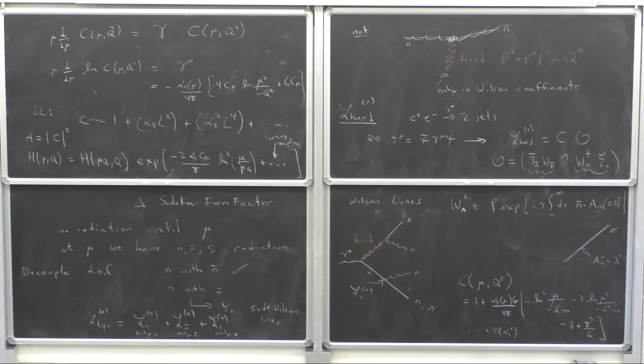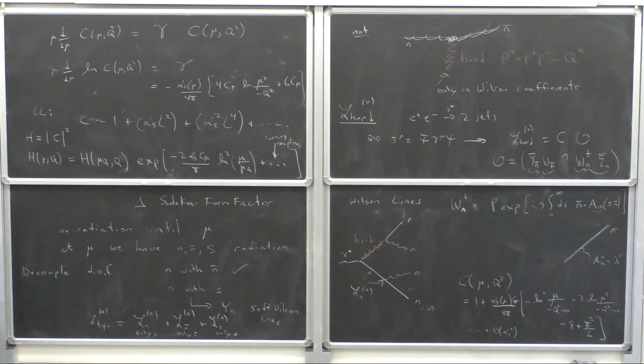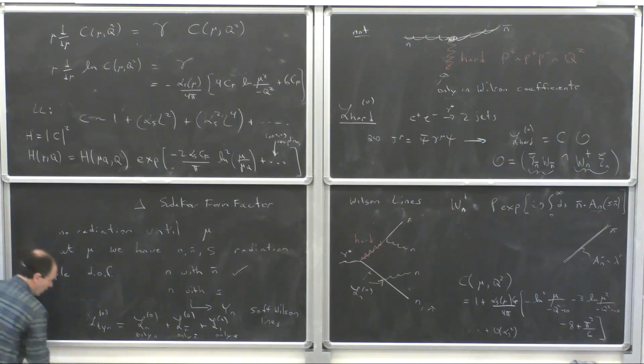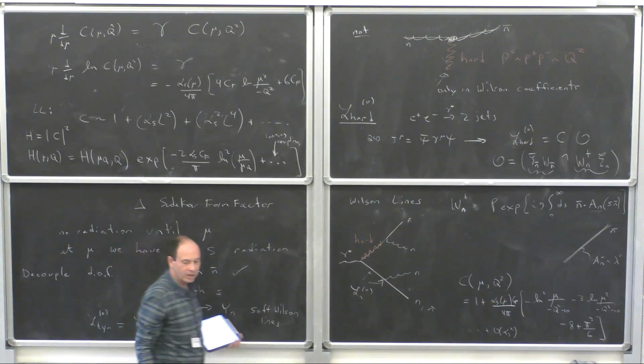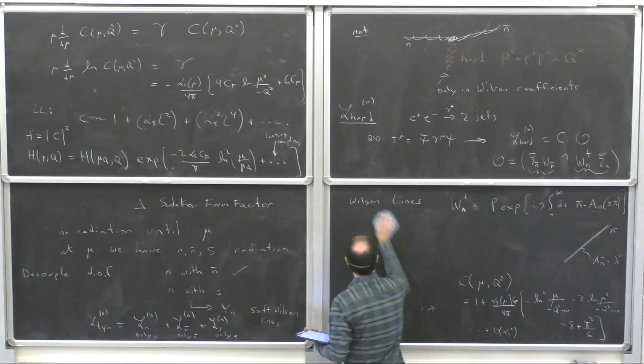The theory really splits itself into 3 independent pieces. Each one does its own thing, doesn't care about the other one. All the interactions between things have been taken into account, both through the hard interaction and through this step of getting soft Wilson lines. Okay. So if you want to know more about that, I'll refer you to my online lectures.